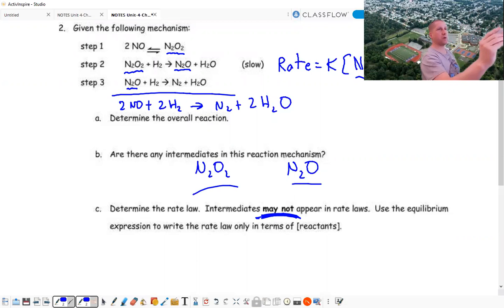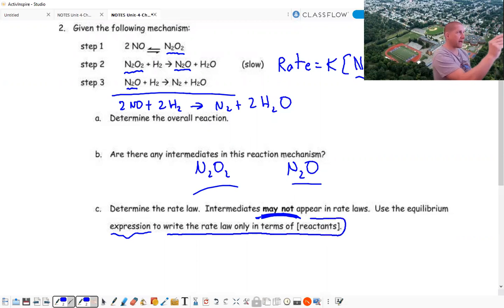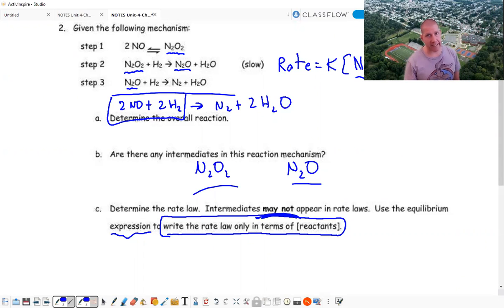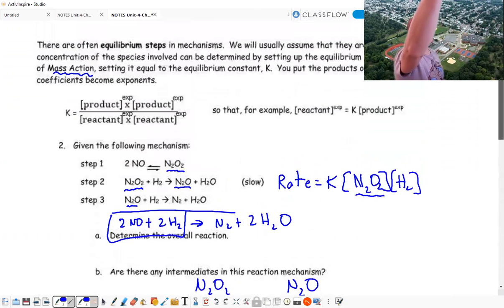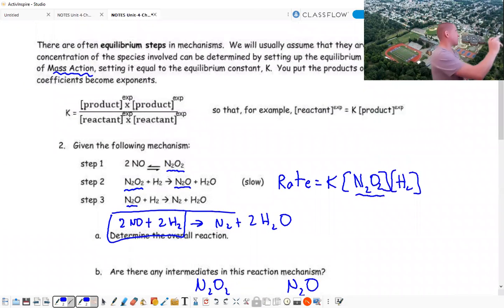So what do we do? We use the equilibrium expression, that law of mass action, and write the rate law only in terms of reactants. So here's our overall reaction. Remember what we said, only reactants exist in the rate law. So here's the rate law that we wrote according to the slow step, and there's that intermediate.